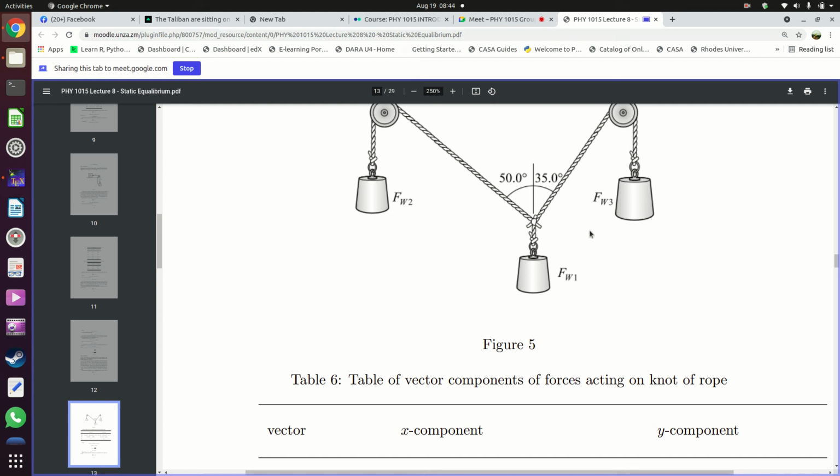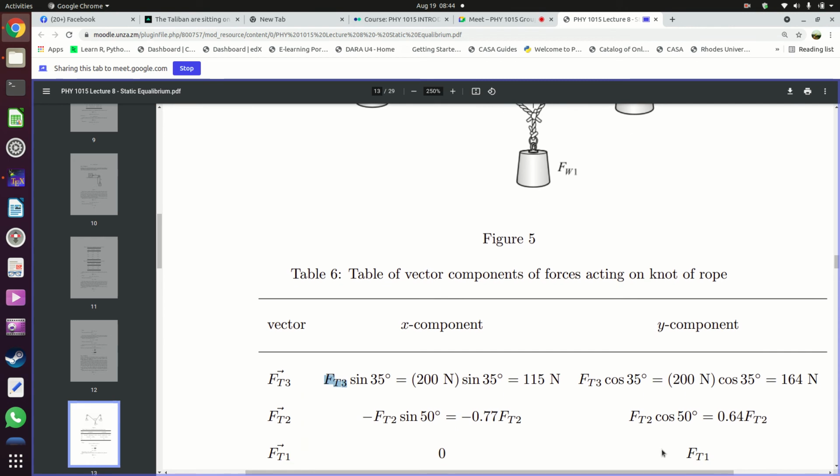Sure, sir. So you do that. You make that sketch. So I also need to make that sketch so that we don't have this confusion here. So you're going to end up with Ft3 cos 65 degrees, which is going to be equal to 200 newtons cos 65 degrees, which you're going to find in this case, if you have a calculator nearby, 200 newtons times cos 65.